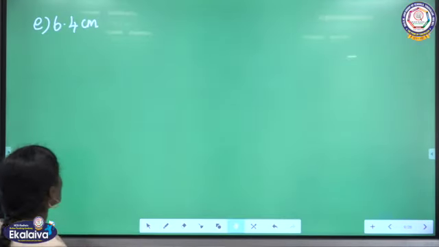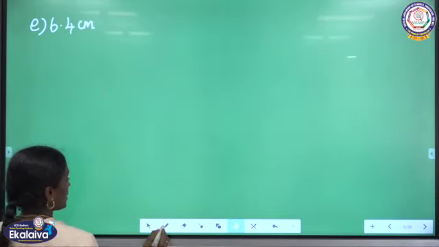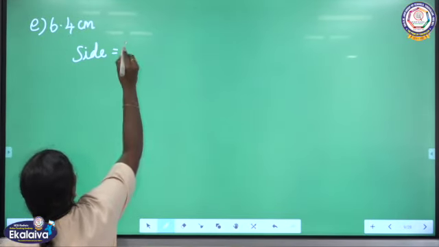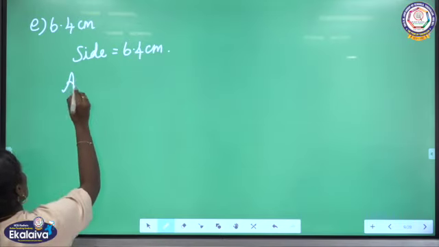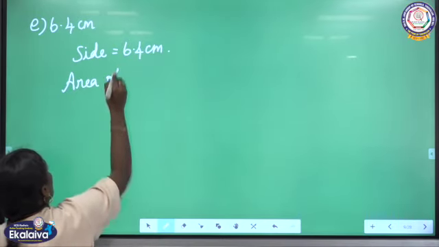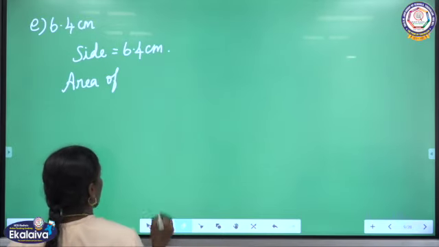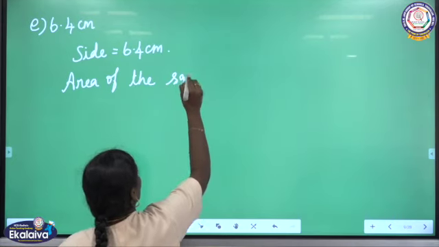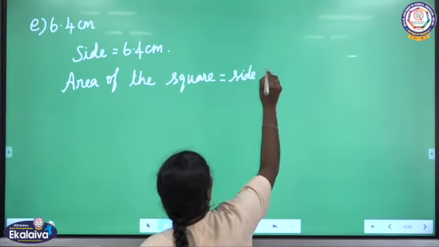The next one, 6.4 centimeter. Again we are having a decimal number. So here side is equal to 6.4 centimeter. First we have to write the formula. Area of the square is equal to side into side, square units.